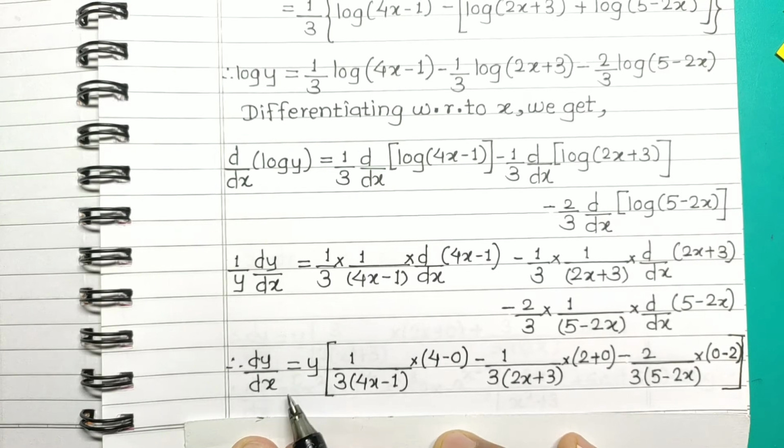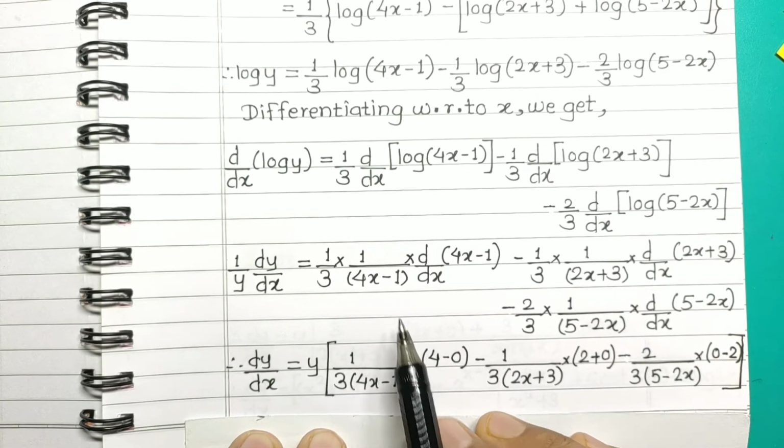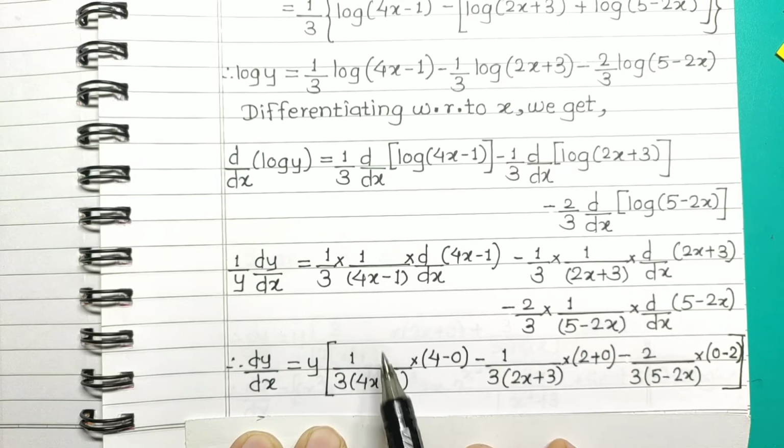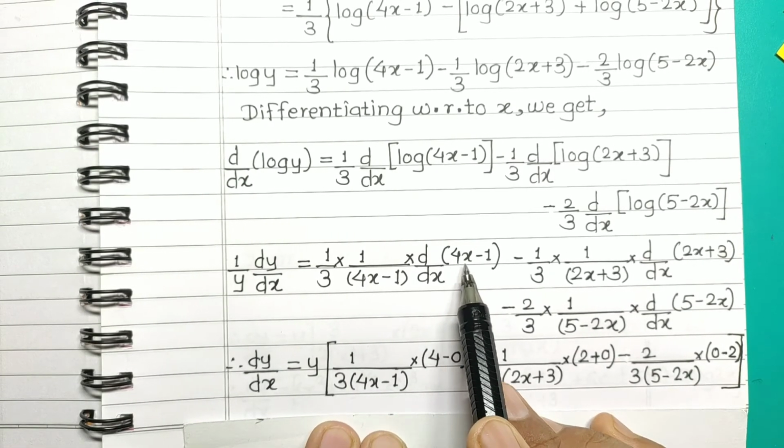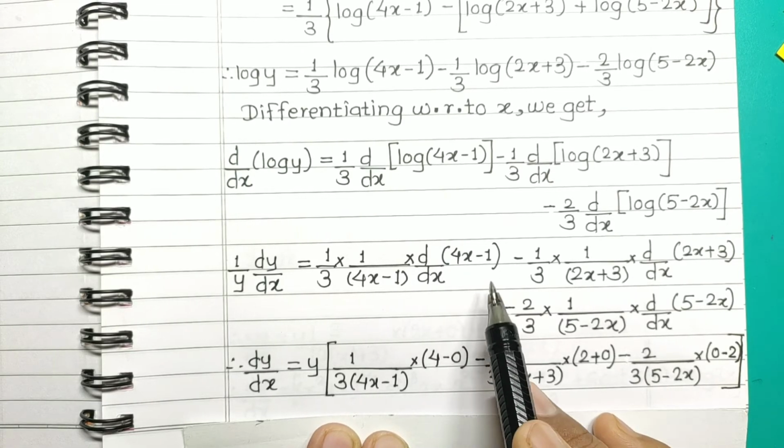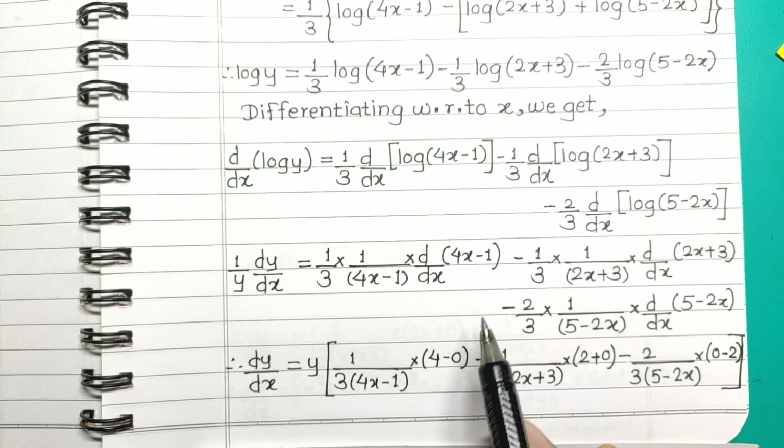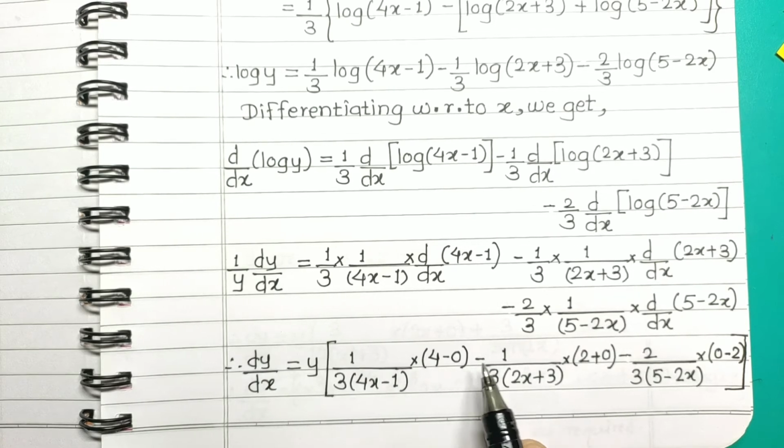So dy by dx is equal to y into 1 by 3 into 4x minus 1, and the derivative of 4x is 4. Since minus 1 is constant, its derivative is 0.